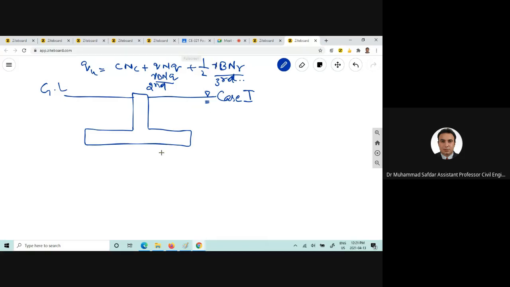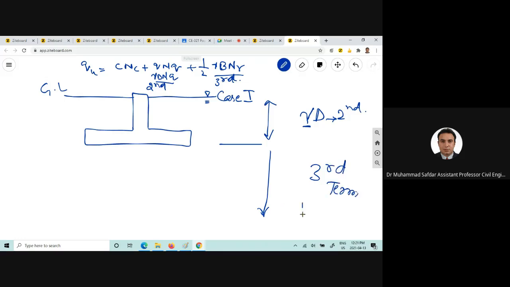So the unit weight is used. For example, this is the second term. I would say that this is Q, gamma into D. This is related to the second term, and here is going to be related with the third term, which is half gamma B and gamma. Okay, so this is the gamma which will be used in the third term.